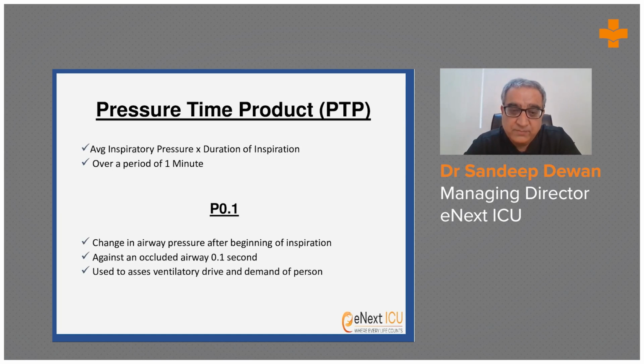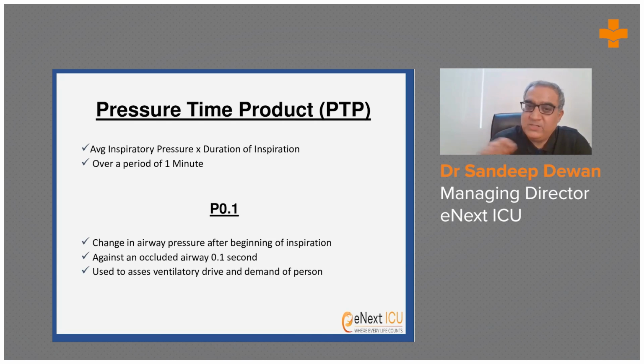The other thing which is important is pressure time product. This is a very innovative thing in ventilation. Few ventilators have started showing this, which is the average inspiratory pressure multiplied by the duration of inspiration. So suppose you have a patient where you have set 15 breaths per minute.